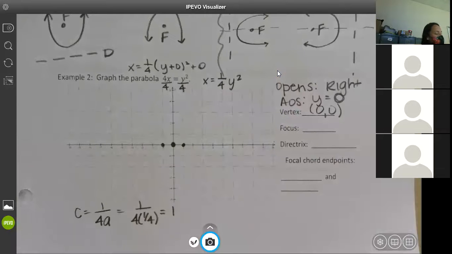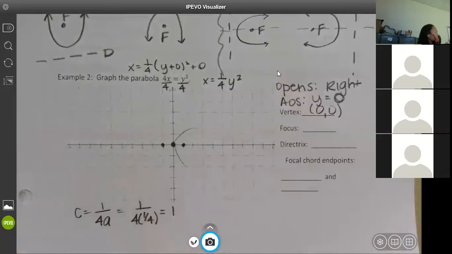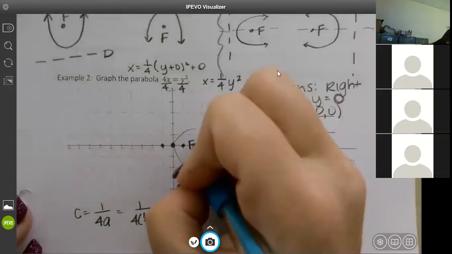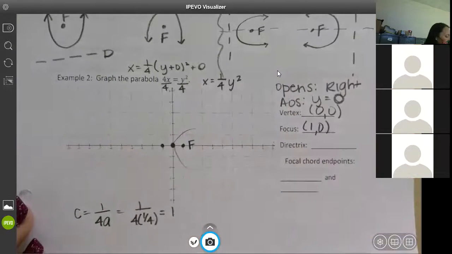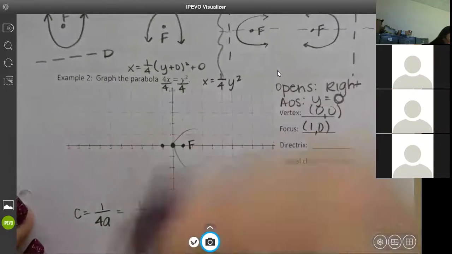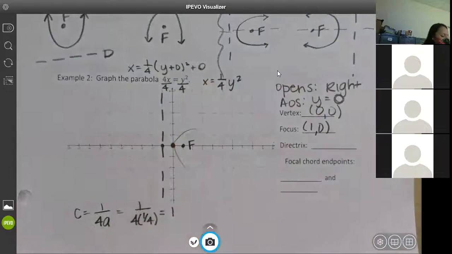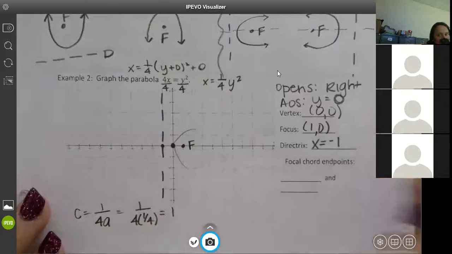Since it opens to the right, and remember I did that little sketch for you before, you don't have to put that on there because I'm going to sketch it in a minute. I just want you to visually see. The inside is going to be your focus. So your focus is at 1, 0. The one on the outside is going to be your directrix, and it has to be an equation. It goes through the x-axis at -1.